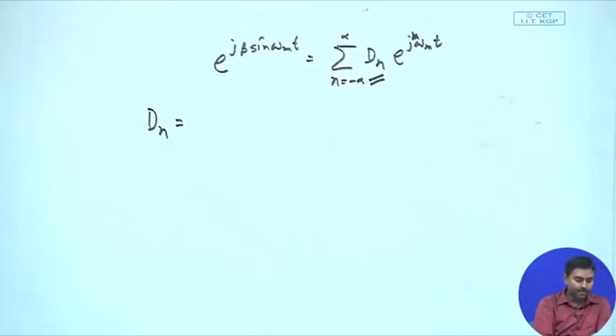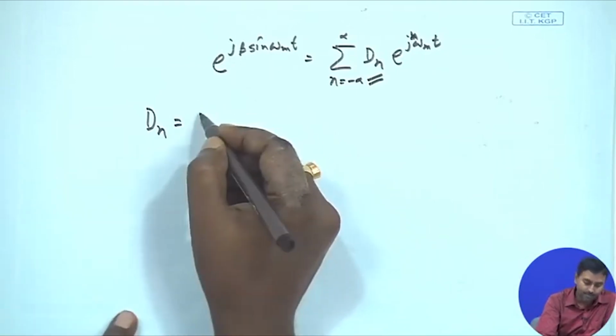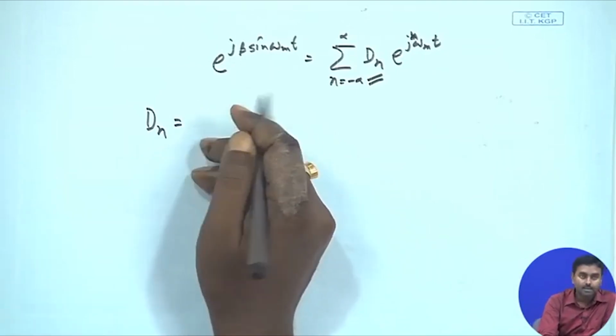Now, this dn, how do I calculate? So, dn becomes the Fourier integral. So, that should be 1 by 2 pi, or 1 by T. So, the period is basically, the fundamental frequency is omega m, that is in angular frequency. So, the time period should be 2 pi by omega m.